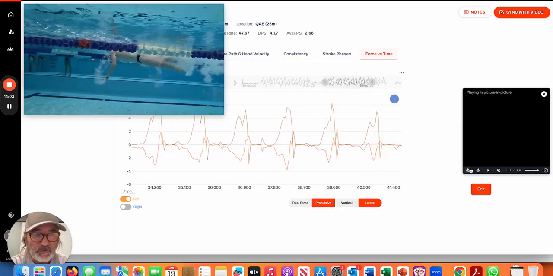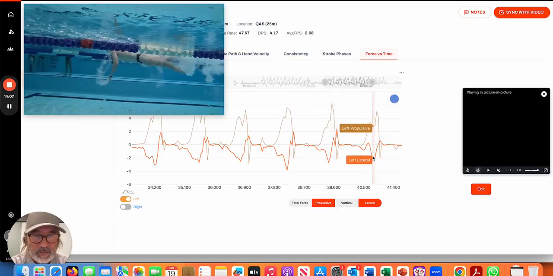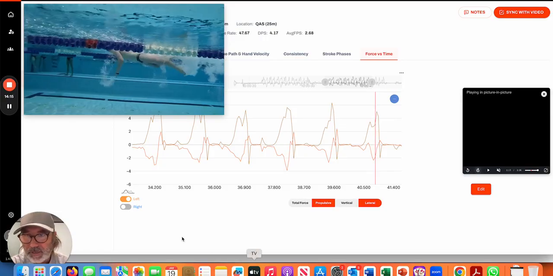We can put multiple vectors, and we can see what he's doing here, and right here he's actually generating inward force in this valley of propulsion, which again, you can see that hand there, you can see the back of the hand as it's angled in where he's generating that lateral force inwards.